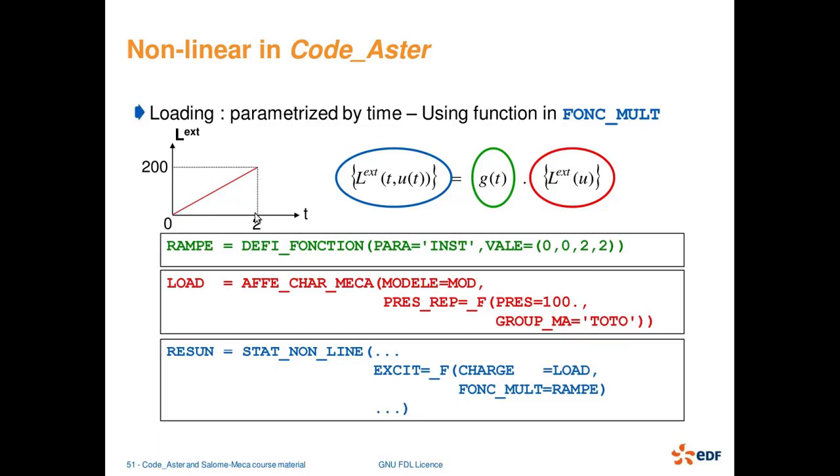So this becomes my load along with the actual load applied and the multiplier function. So the load is defined as a pressure load in this case, and in the nonlinear static analysis I use that load as the CHARGE, meaning load, and the multiplier function which has a value of 0 at 0 and 2 at 2. So 2 multiplied by 100 will become 200 ultimately. So that's how FONC_MULT is needed to parameterize the load. All right.